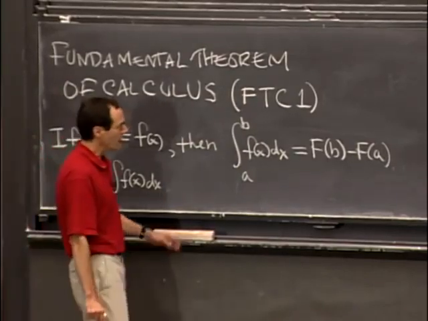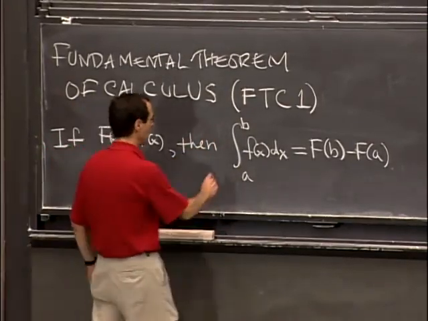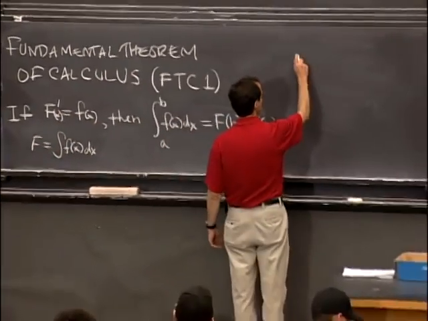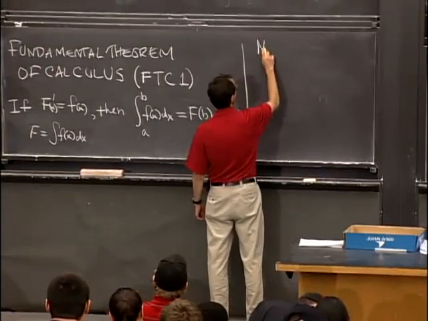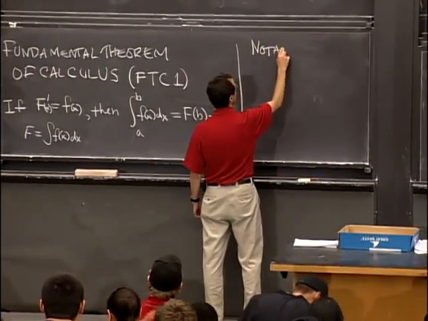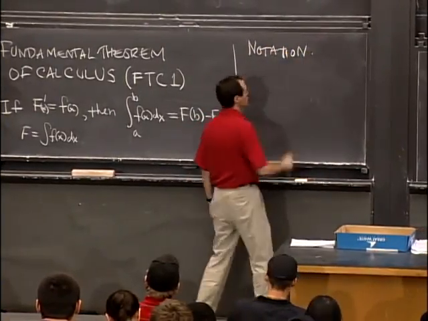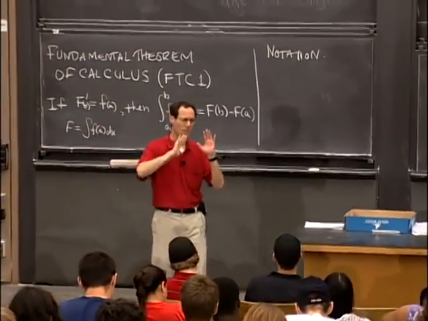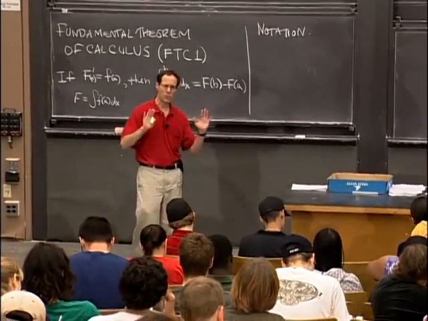So this is the formula. And it's usually also written with another notation, so I want to introduce that notation to you as well. There's a new notation here, which you'll find very convenient, because we don't always have to give a letter F to the functions involved.